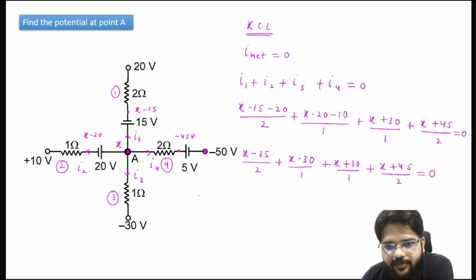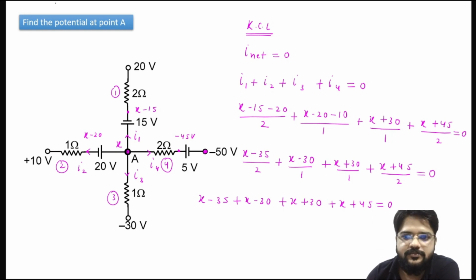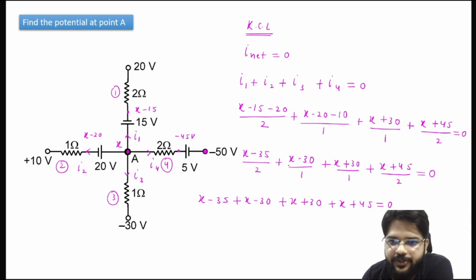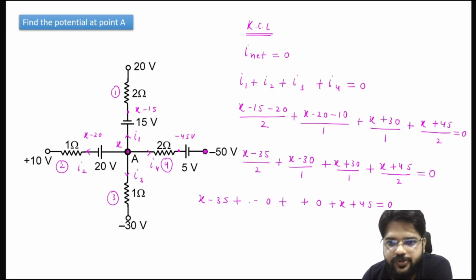If we multiply with 2, then X minus 35 plus X minus 30 plus X plus 30 plus X plus 45 equals 0 we are getting. Now simplify this. We are multiplying with 2, so it is 2X, this is 2X, and this is minus 60, and here we have 2X plus 60. This thing we are getting, correct?